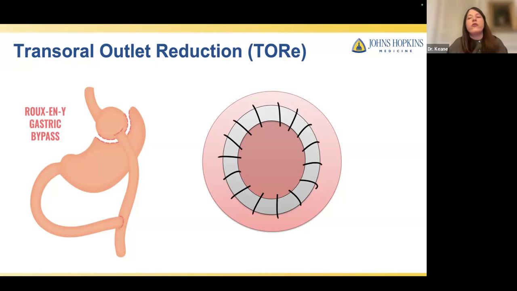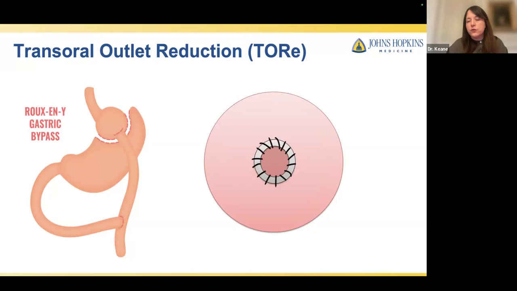We reinforce that scar with suturing. So we suture in a purse string fashion all around the edge of the outlet. And when we tighten that suture, this also reduces down the outlet. We bring it down to about 6 to 8 millimeters, back to how it was after your surgery.